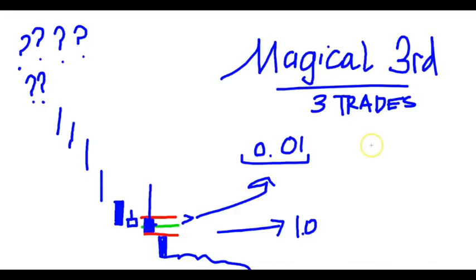Now, as far as when to place this third trade, it depends on a couple different variables. It could depend on how long you intend on staying in the trade. It could depend on the time frame that you're on. It could depend on your own take profits, your own stop losses. Those are things that you'll have to develop on your own.